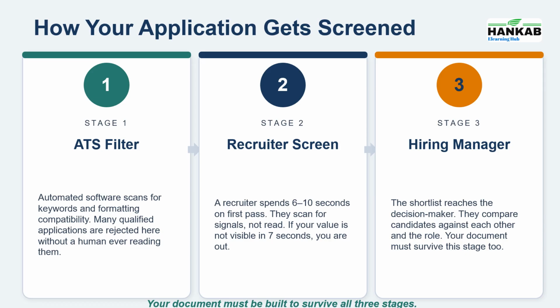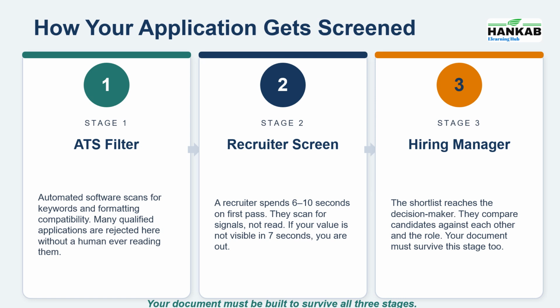When you submit an application to most professional employers, an international NGO, a bank, a multinational, any organization using an online portal, your application passes through 3 stages before anyone makes a decision about you. Stage 1 is the ATS filter. ATS stands for Applicant Tracking System.